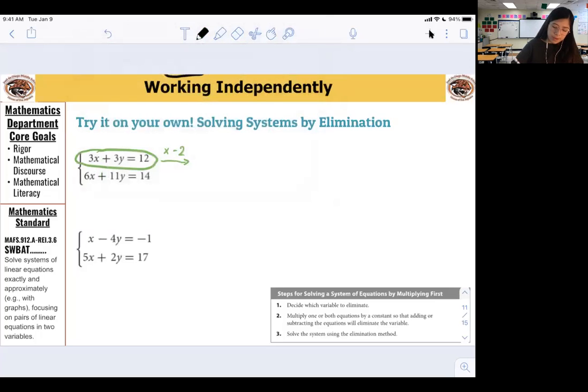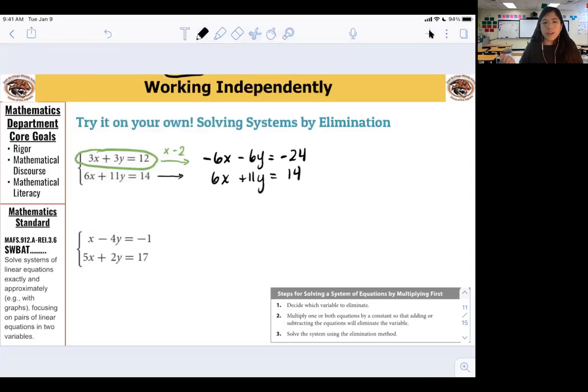So when I multiply everything times -2, I end up with -6x minus 6y equals -24. Now equation B is staying exactly the same: 6x plus 11y equals 14.